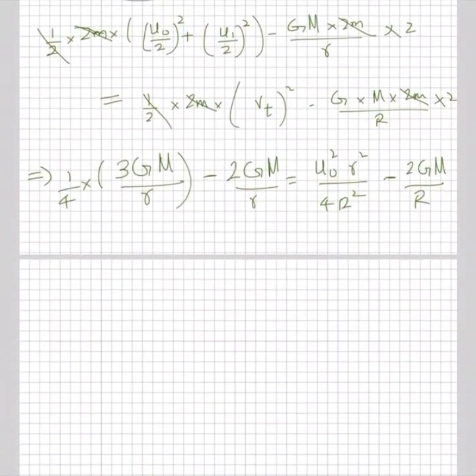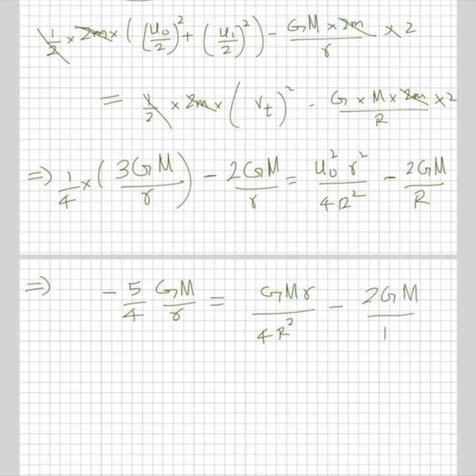What we can get from here is 3 by 4 minus 2 gives us minus 5 by 4 GM over small r, equals u0 squared is GM over r, so GM r over 4 capital R squared, minus 2 GM over capital R. Now we can form a quadratic in terms of small r over capital R. Let's assume small r over capital R to be x.